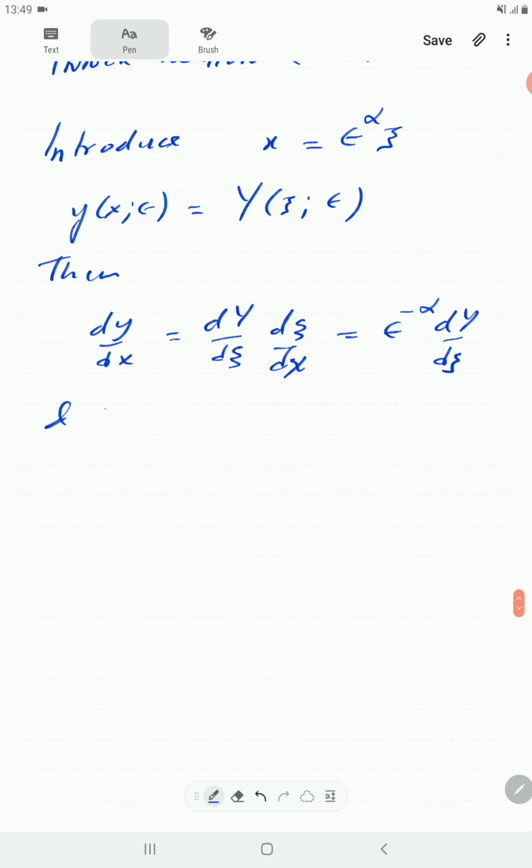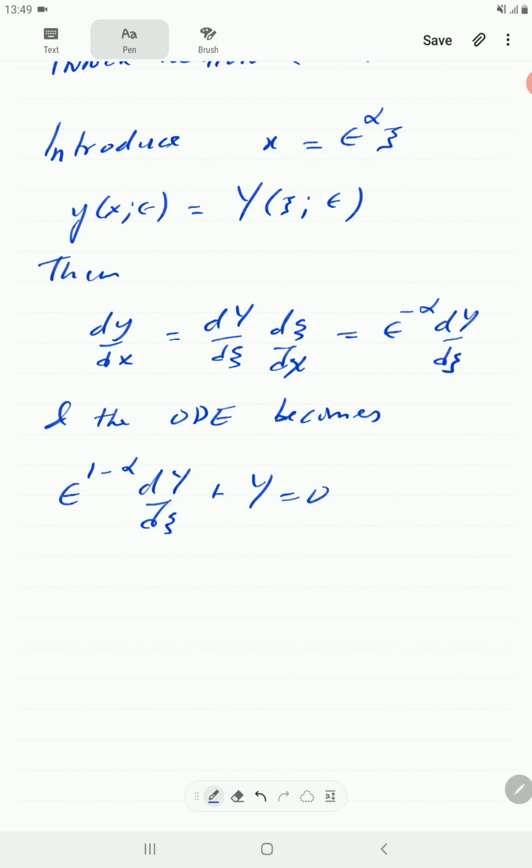This is going to give us epsilon to the power minus alpha dY/dxi. And so the ODE is going to become epsilon to the power 1 minus alpha dY/dxi plus Y equal to epsilon to the power alpha xi.